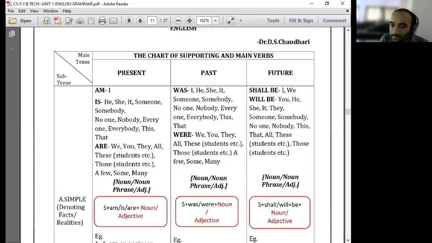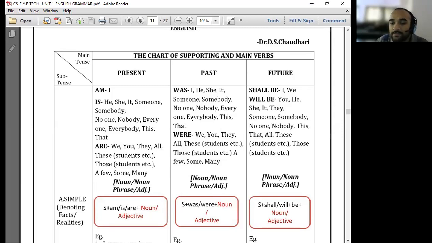Same in the past tense. Was is used for I, he, she, it, okay. Was is used for singular subjects, and were is used for plural subjects. Was is used after I, he, she, it, someone, somebody, no one, nobody, everyone, everybody, this, that.